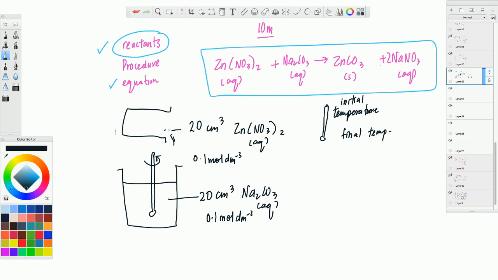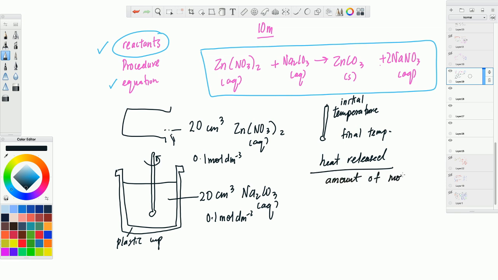Obviously, you cannot just put it in a beaker, so you have to say use a polystyrene or a plastic cup. And then you calculate heat of precipitation, which is the heat released over the amount of moles. That's your heat of precipitation.